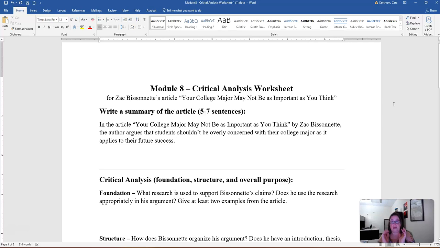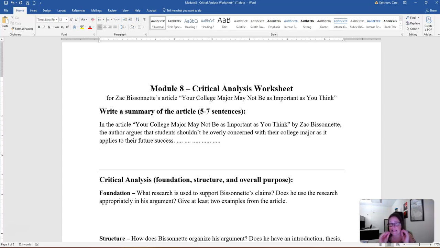So after you write this first sentence, and if you want to use this first sentence, you can, you're going to do 3 or 4 sentences about the main idea.